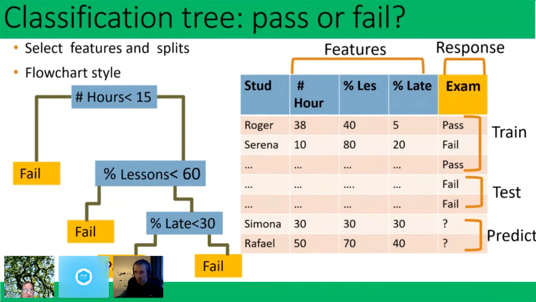According to the model made by the algorithm and the data, if the student is late less than 30% of the time, they will pass. Otherwise, they will fail. And this is the decision tree style: using the features and finding these critical splits that will help answer these questions and classify the students according to whether they fail or pass.